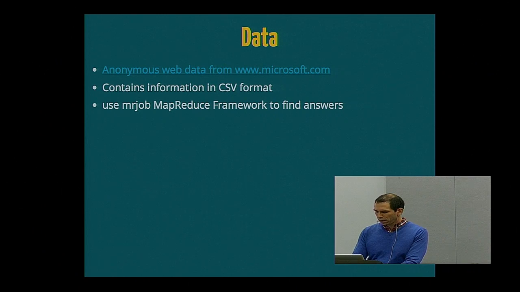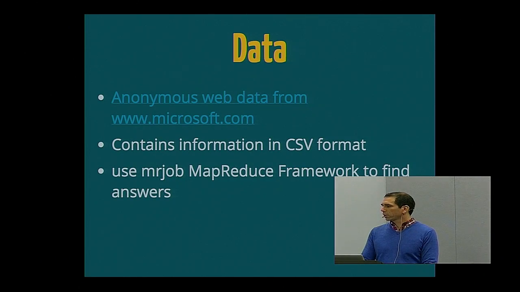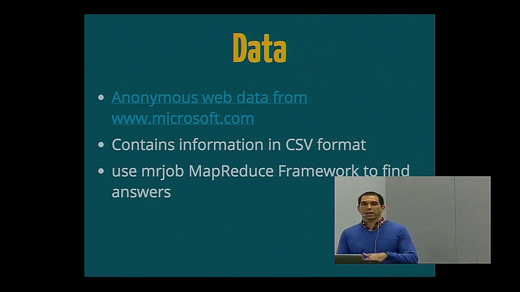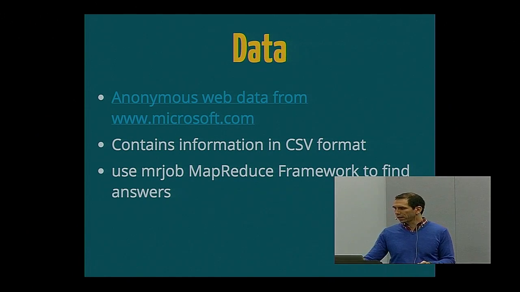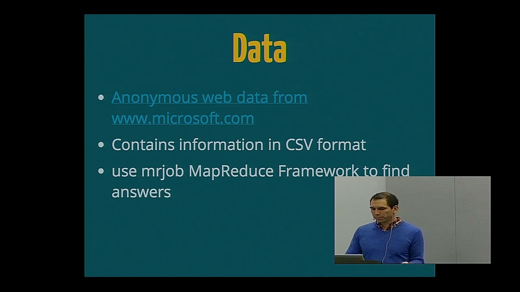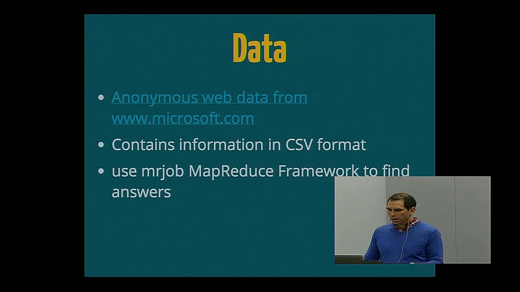All right. For our first exercise, we're going to be using some data that I've already loaded into the repository from the Microsoft.com website. It contains web browsing information in a CSV format, and we're going to use the mrjob framework in order to find some answers to these questions.